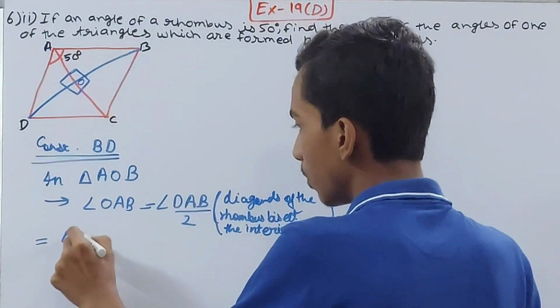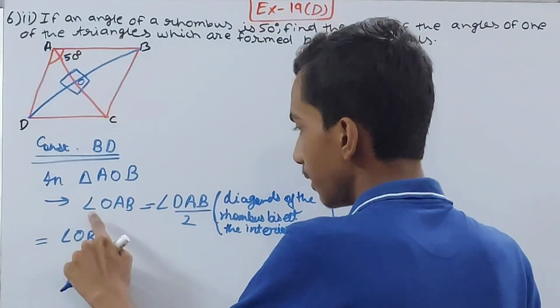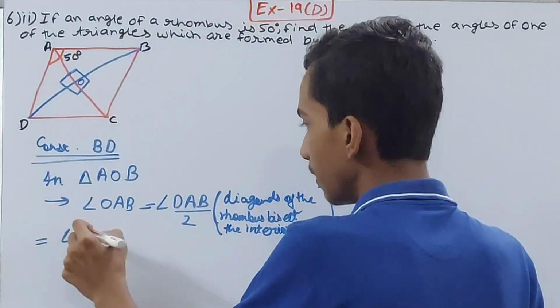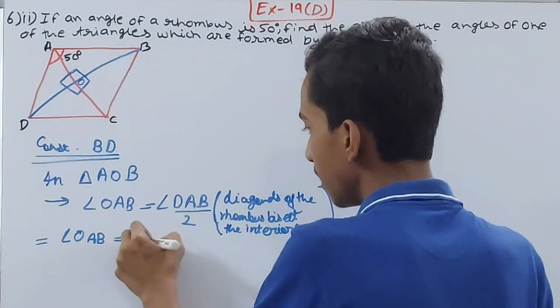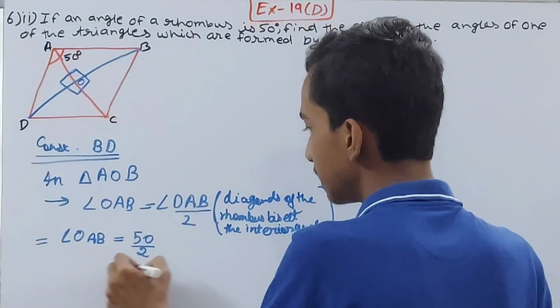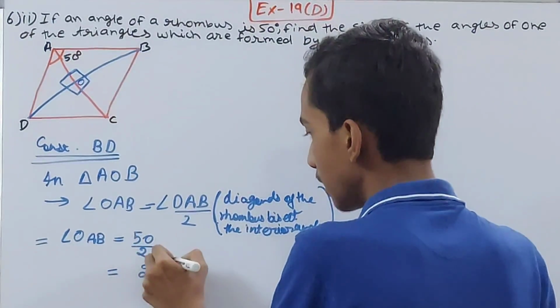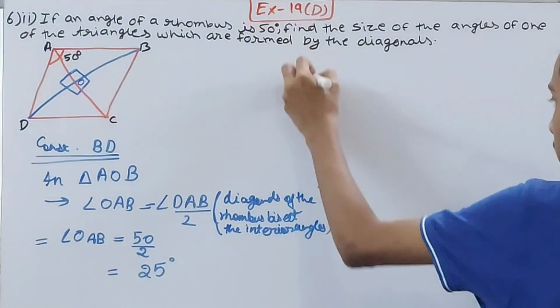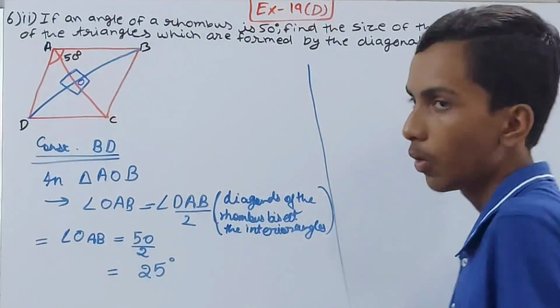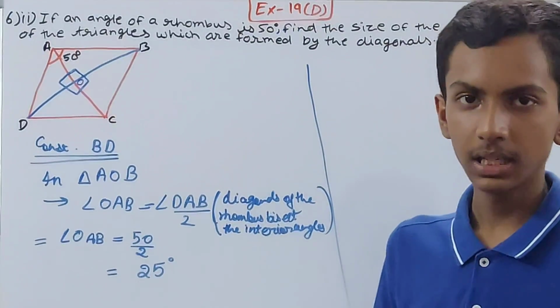Angle OAB will be equal to 50 by 2, that is 25 degrees, right? Now see here, OAB is 25 degrees, right?